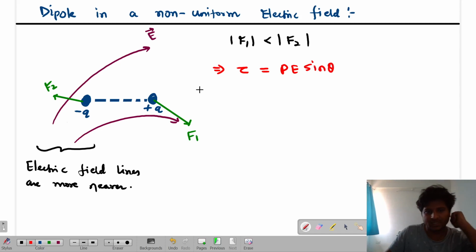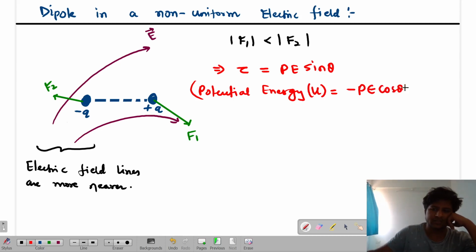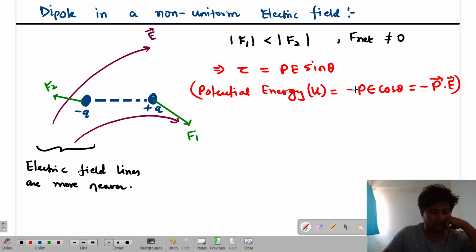And the potential energy of the dipole is still the same, which we consider to be minus P cos theta, which is minus P vector dot E vector. Are you able to get me or not? But here the net force is not zero. F net is not equal to 0. Are you able to get me or not?